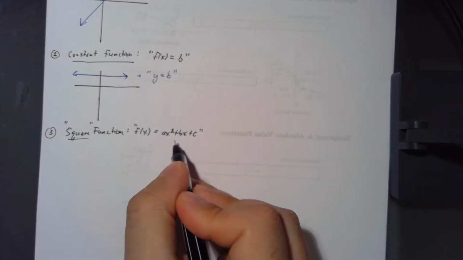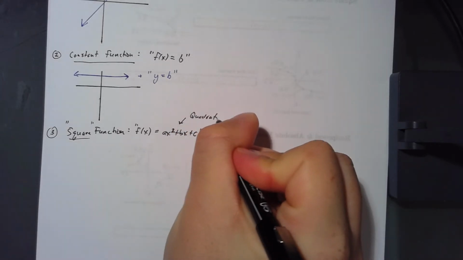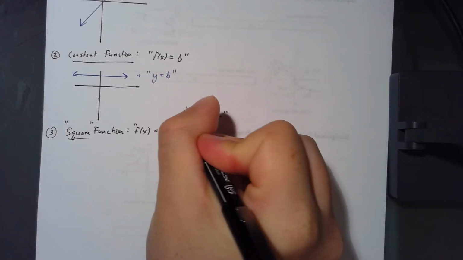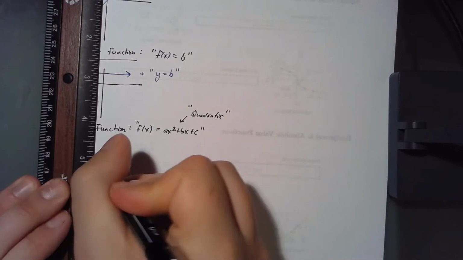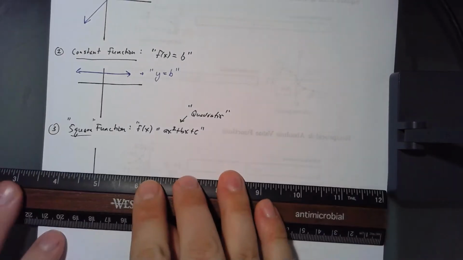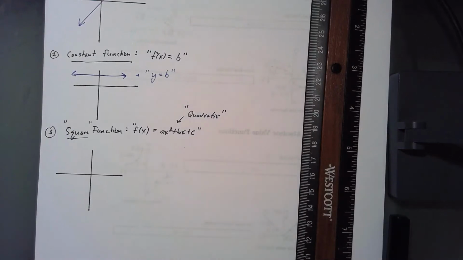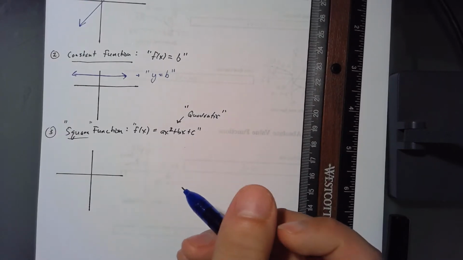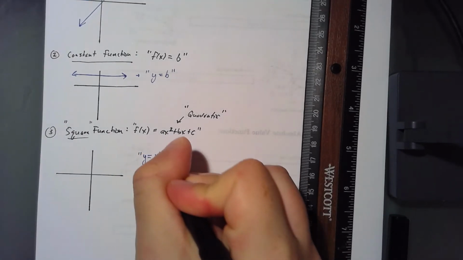This is also a quadratic. We're going to talk about those a little bit later. But the most basic kind of quadratic function that we should be most familiar with is y equals x squared.